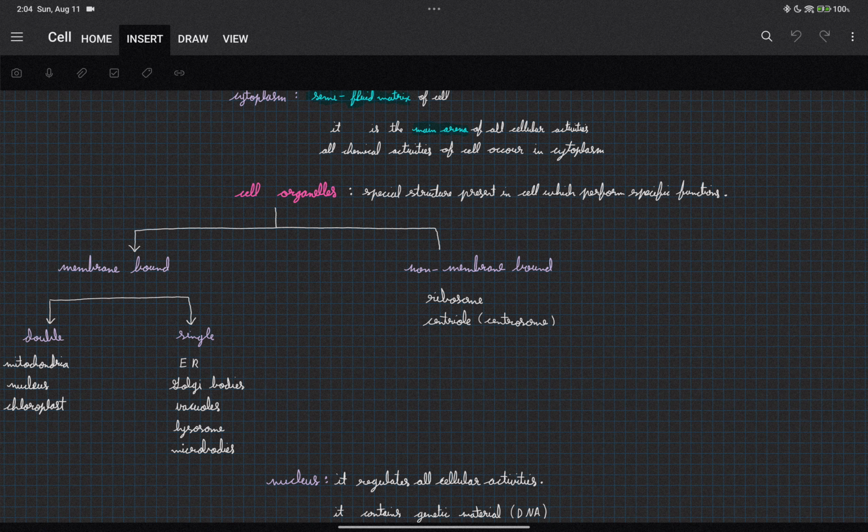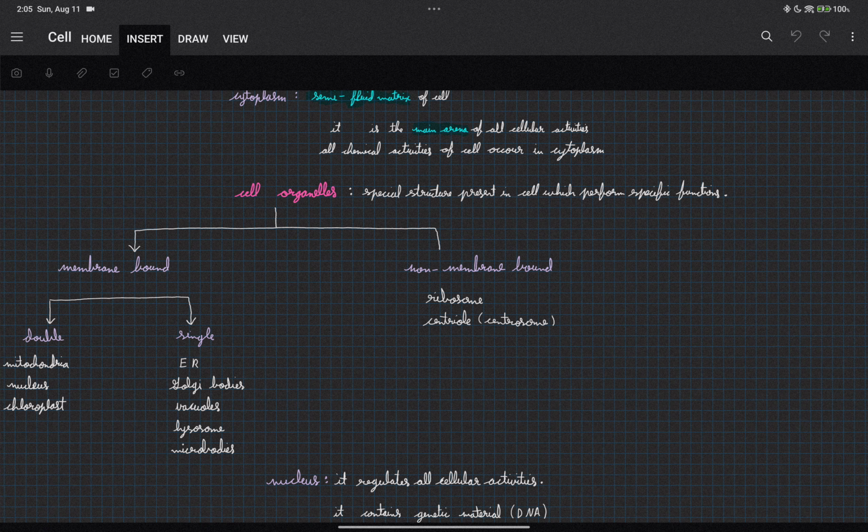Cell organelles are special structures present in the cell which perform specific functions. Cell organelles are of two types, membrane bound and non-membrane bound. Non-membrane bound are ribosome and centriole, which is also called centrosome.